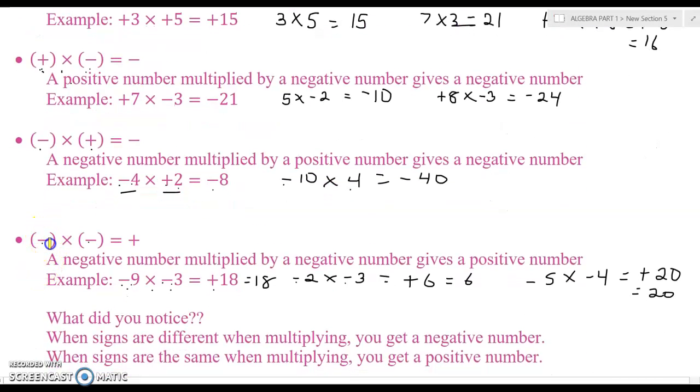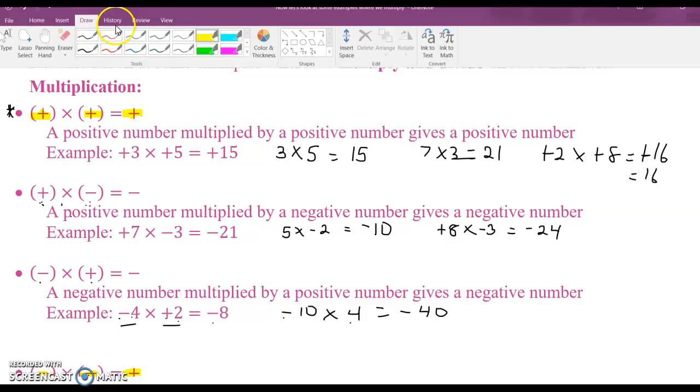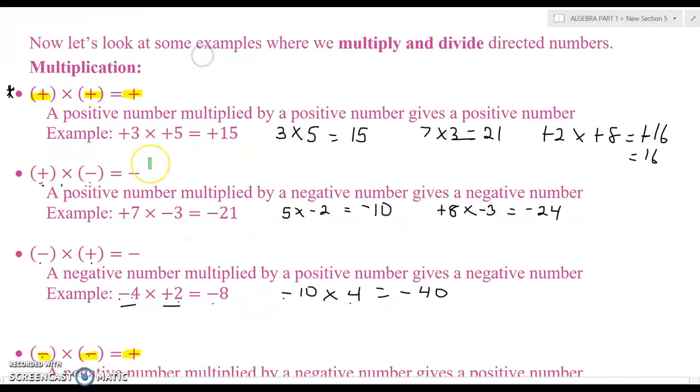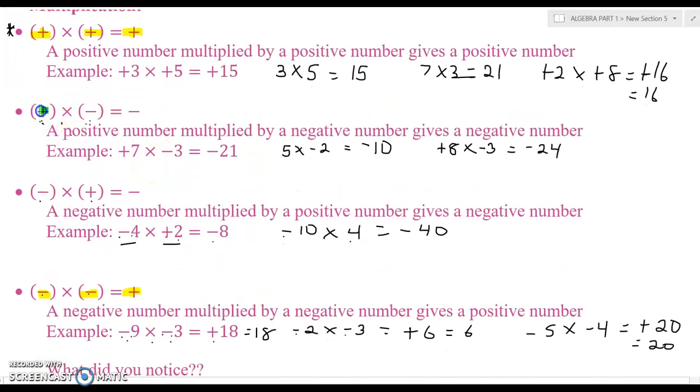When the signs are the same, when you have a negative multiplied by another negative, you're going to get a positive, right? And then when it's the other way, when the signs are different, meaning you have a positive times a negative, you're going to get a negative. And when you have a negative times a positive, you get a negative. So when you're multiplying and the signs are different, you get a negative. When you're multiplying and the signs are the same, you get a positive.